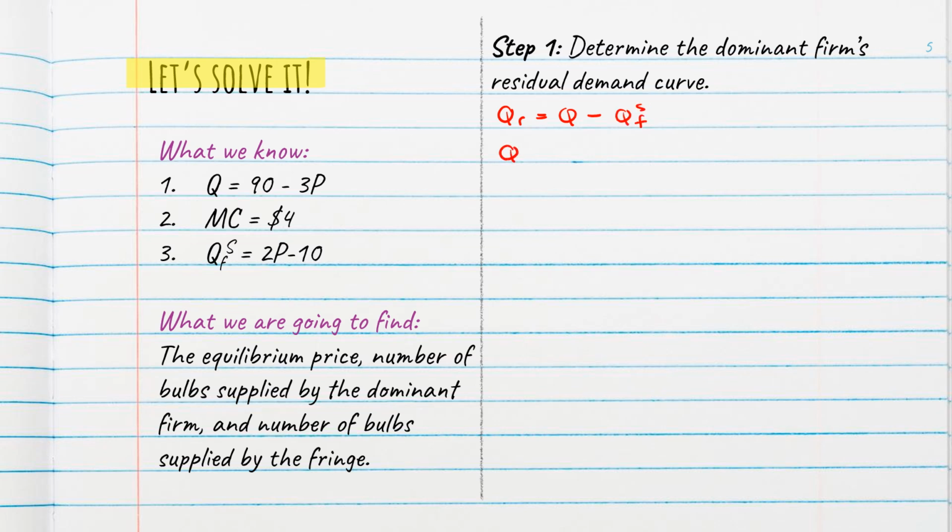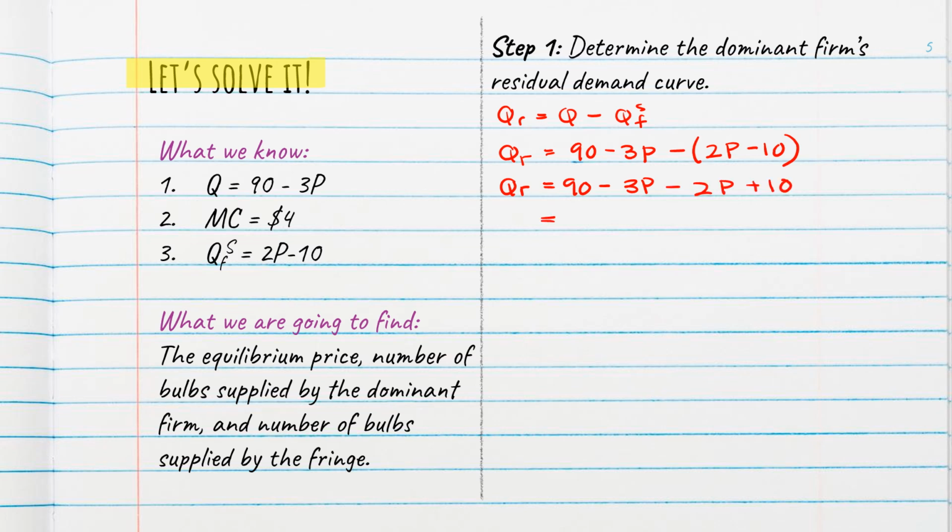So in this case, Q_R, I'll use a lowercase r here, is equal to Q, which is 90 minus 3P, minus the supply of the fringe, which is 2P minus 10. Parentheses matter here, so make sure you use them. From here, we can write the residual demand as Q_R equals 90 minus 3P minus 2P plus 10.